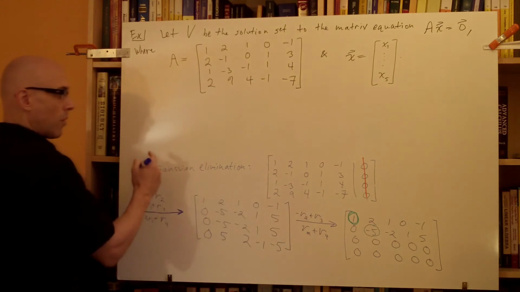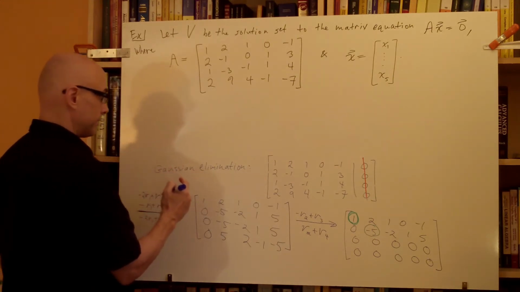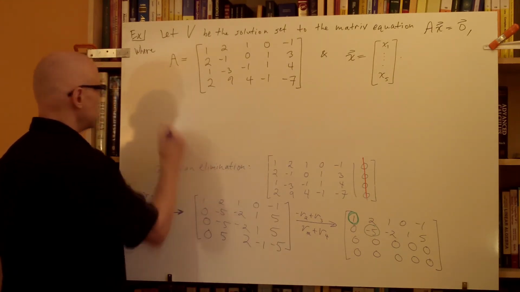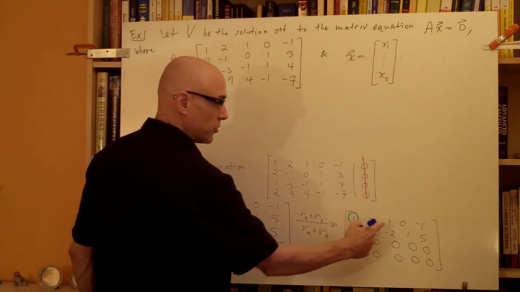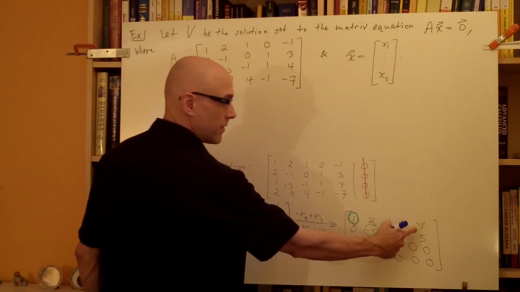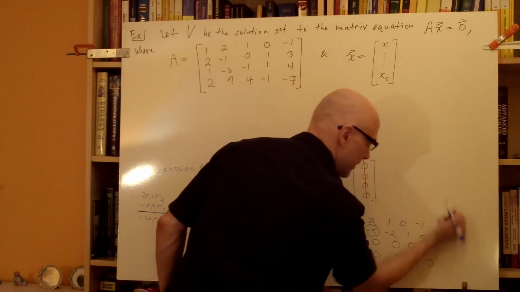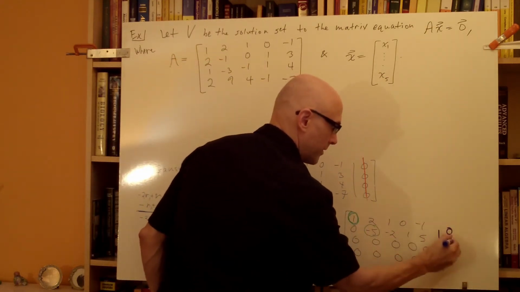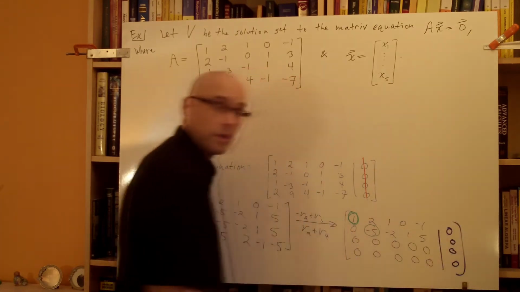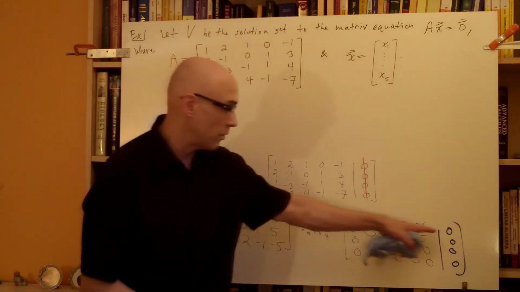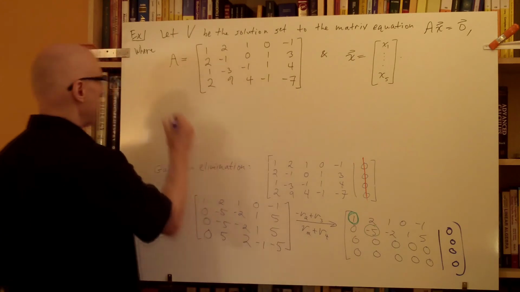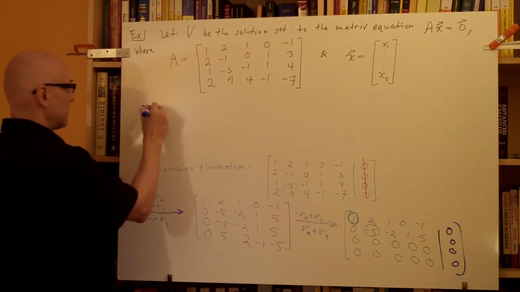Teleport this over here. What we have is x1 plus 2x2 plus x3 minus x5 is equal to 0. Don't forget that there's really just a bunch of zeros in this last column here. So equals 0.